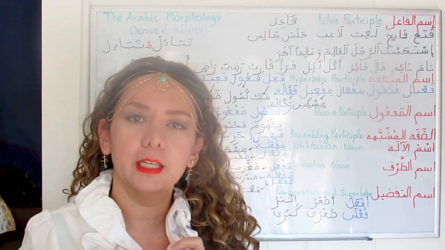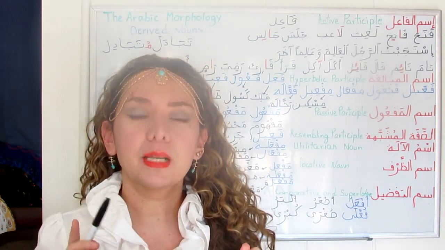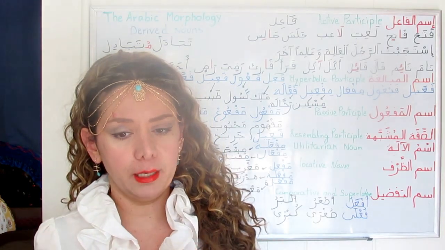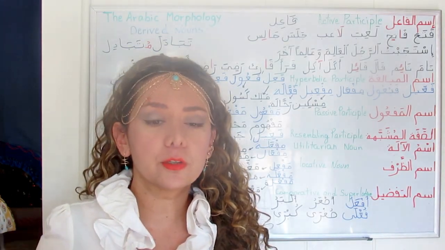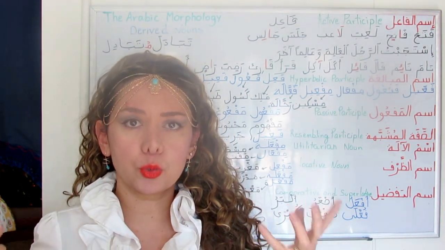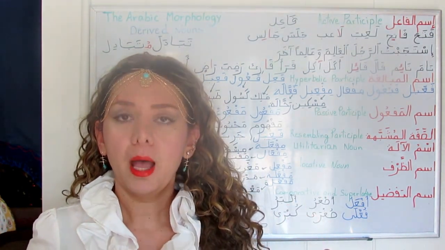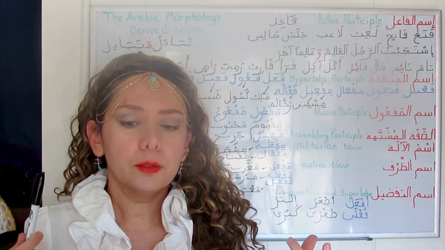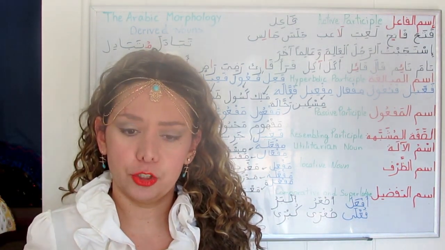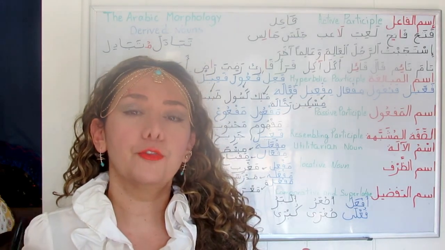Second category, gerund, masdar. The nouns that are not derived from anything, but other words are derived from them. So masdar is the source of a verb. Actually, there is no exact equivalent for it in English. We refer to it as a verbal noun.